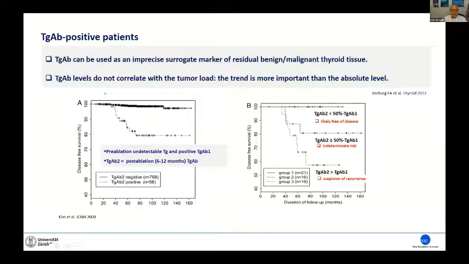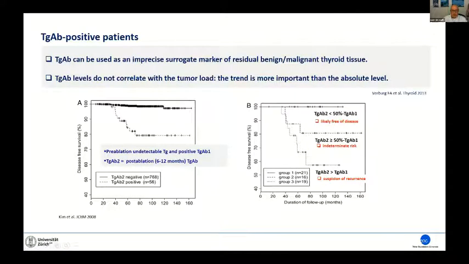In fact, it is well known that those patients with a decrease in thyroglobulin antibodies after therapy display a better prognosis than those with persisting or increasing thyroglobulin antibody levels. In particular, those patients with a reduction of more than 50% were demonstrated to be patients with the best prognosis.